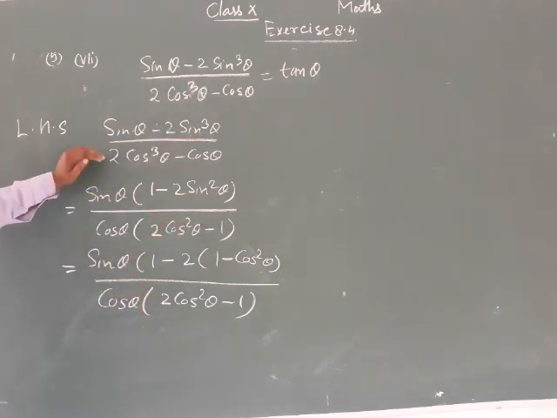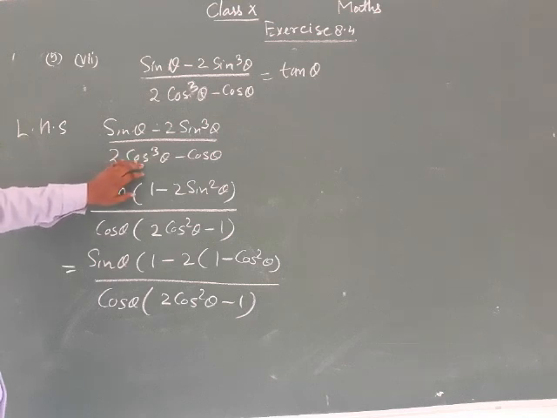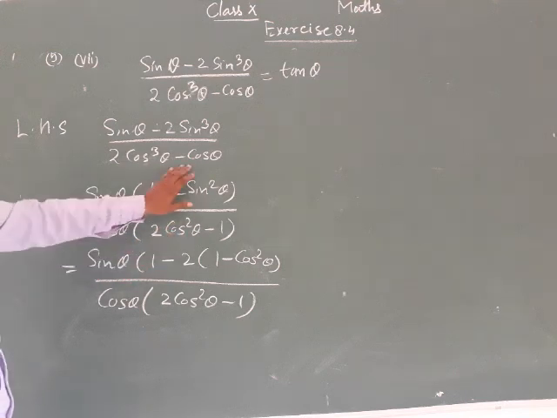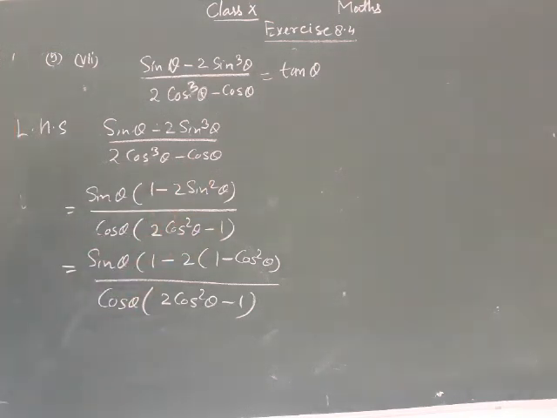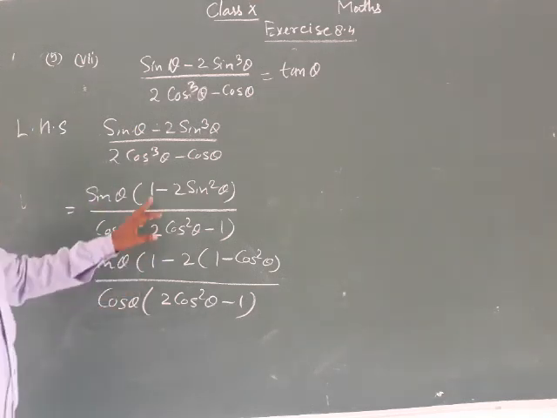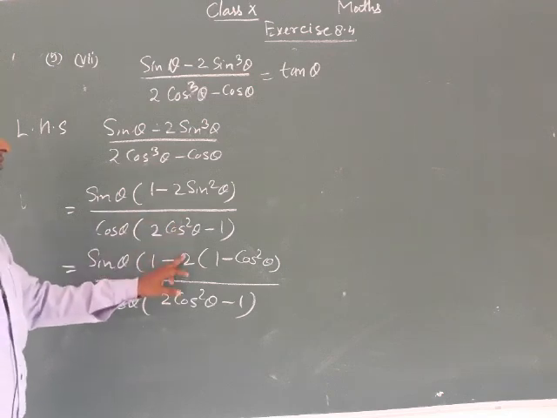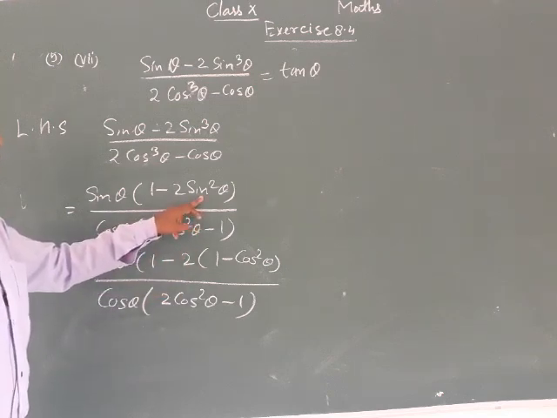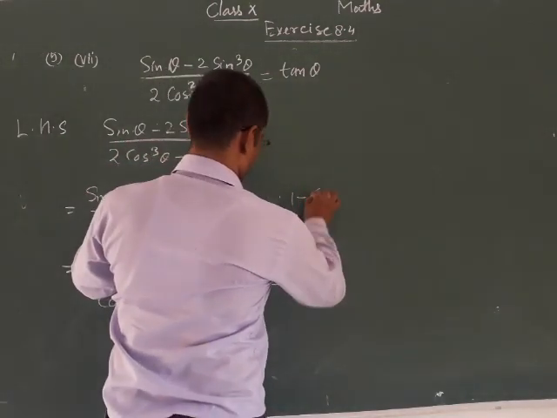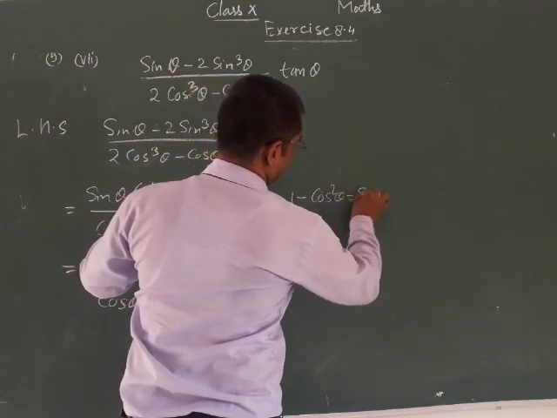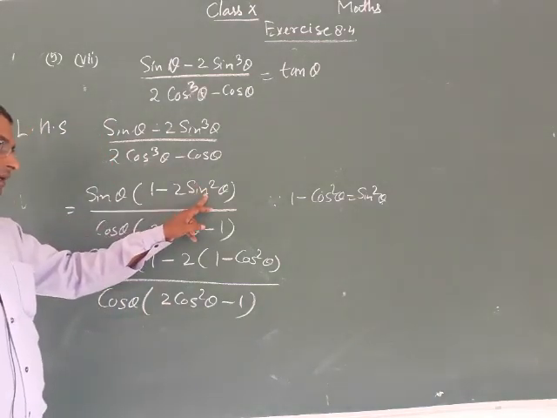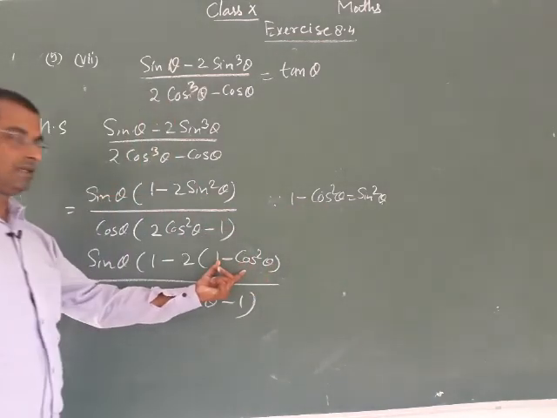Also in the denominator, common out cos theta, so 2 cos square theta minus 1. In the bracket, 1 minus 2 sin square theta, change sin square theta to cos: by the identity, 1 minus cos square theta is equal to sin square theta, so replace sin square theta with 1 minus cos square theta.